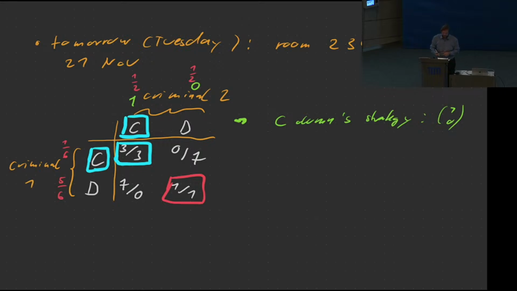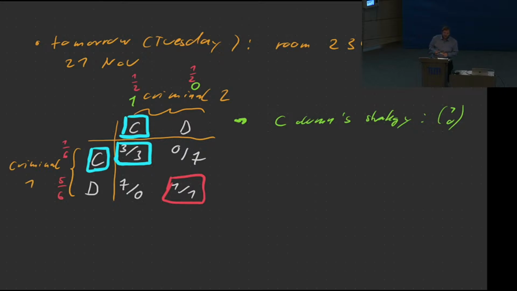So in this case, if you do 100 repetitions of this, then the column player will choose confess in about 1/6 of those 100 repetitions and deny in 5/6 of those repetitions. Whereas the row player here will choose confess in 50% and deny in 50% of the situations, so 50-50.